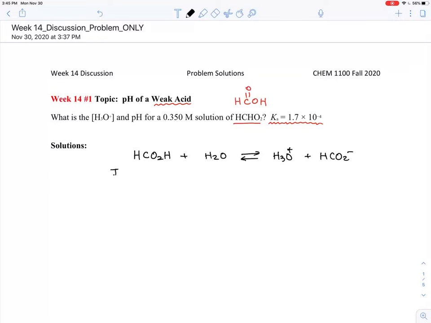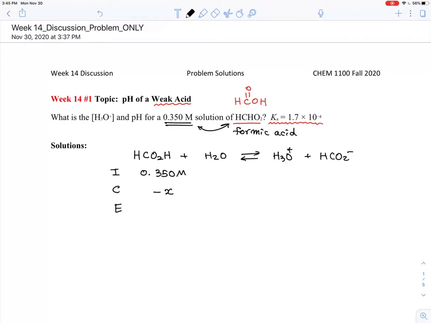So initial, change, and equilibrium, that's an ICE calculation table. And then what is our initial value? This is the initial concentration of formic acid, 0.350 molar. And we're going to assume that there is a small change because it's a weak dissociation.